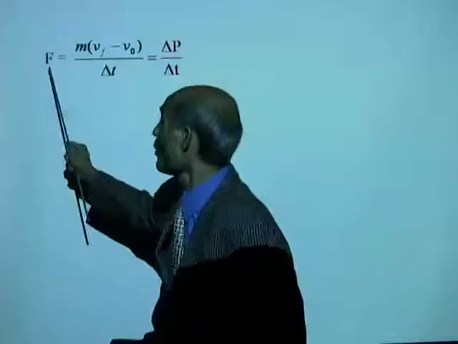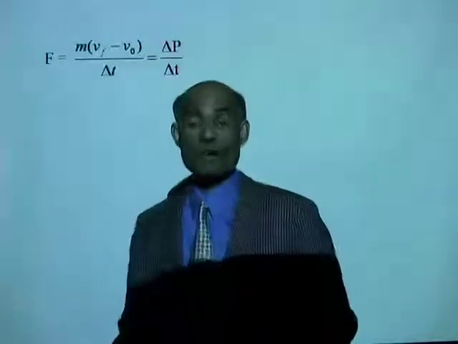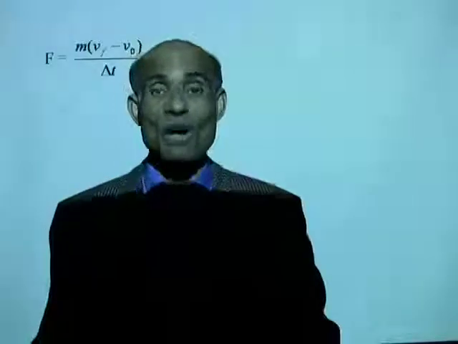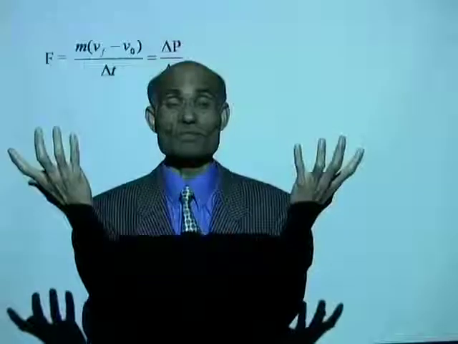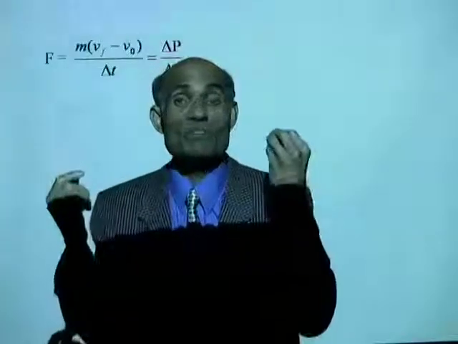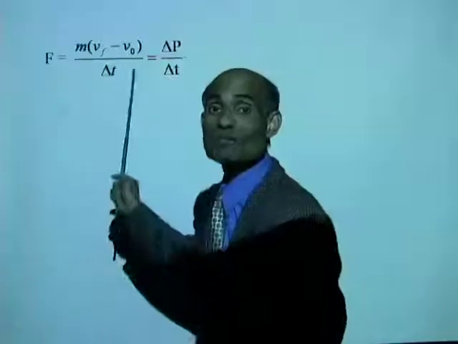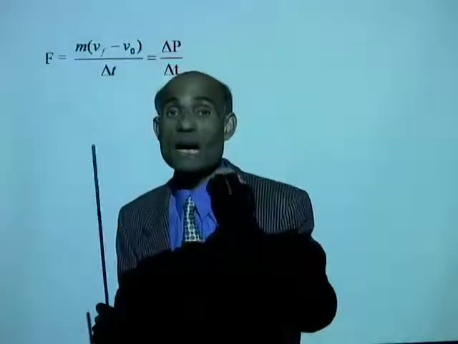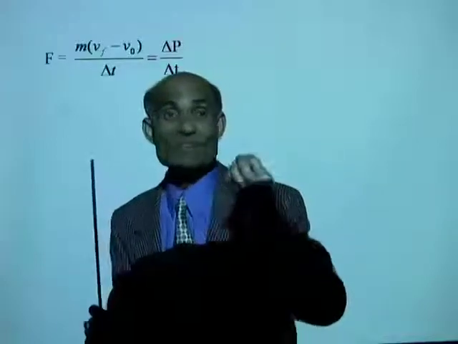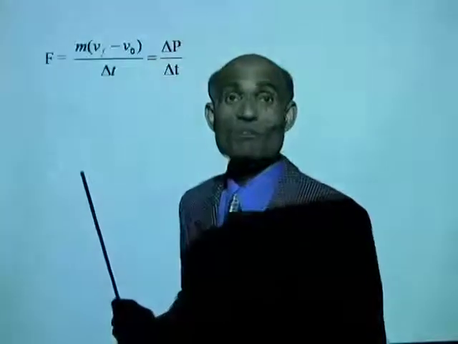So force is a measure of the rate of change of momentum of a moving object. Look at this. We have a new way to measure force. In fact, the definition of force in Newton's Principia is given in terms of the change in momentum. The force acting on an object is a measure of its rate of change of momentum.